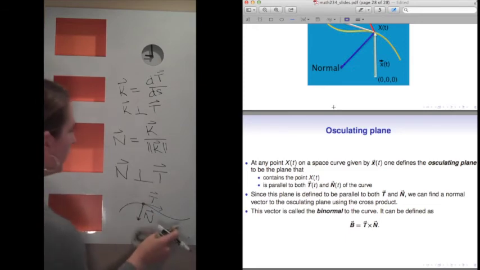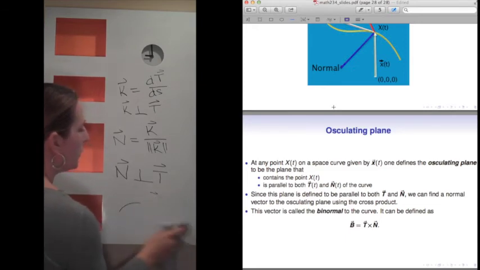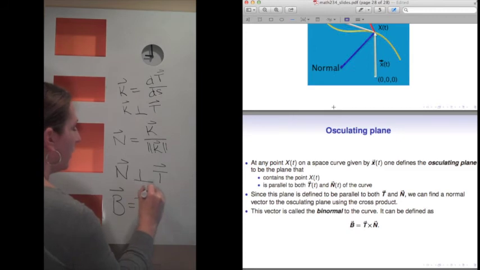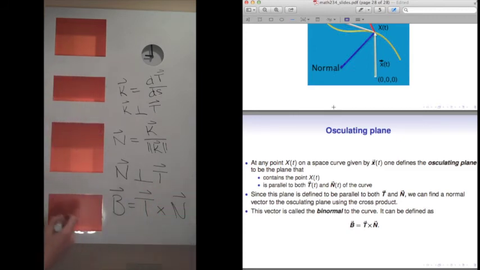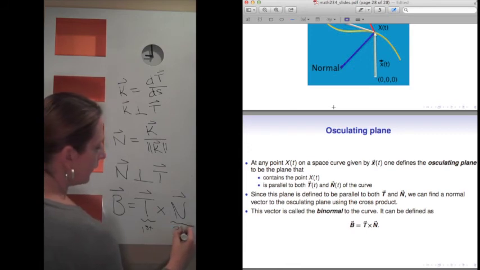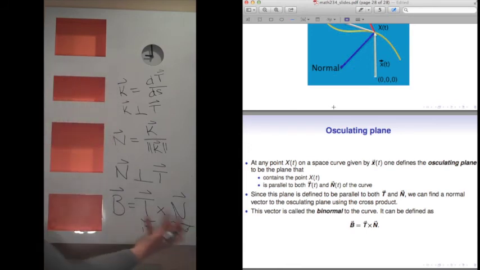And to do it in order, to do it with the correct orientation, you take the binormal and you define it as T cross N. And you can remember which order it goes in because T is based on the first derivative, so that goes first. And the normal is based on a second derivative, and that goes second. And so that actually gives you a third vector.